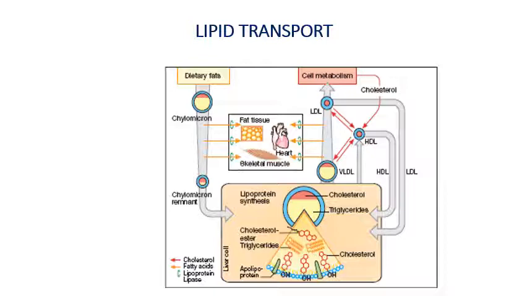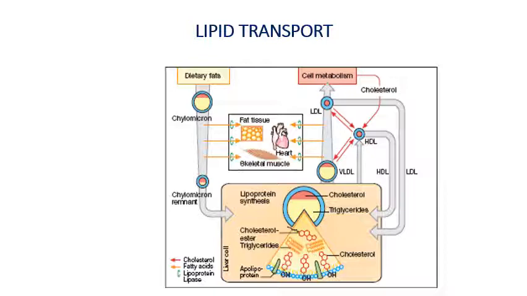And the liver releases VLDL, otherwise called very low density lipoprotein, rich in triglycerides, into the bloodstream. This VLDL is again encountered by the lipoprotein lipase present in the endothelium, and fatty acids are again released into the fat tissues and skeletal muscles.